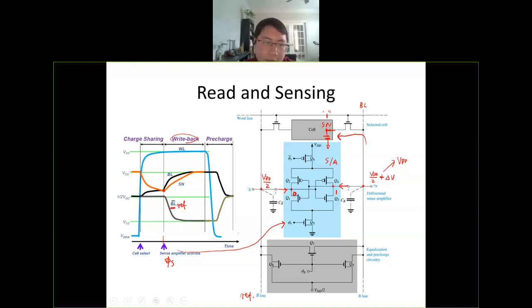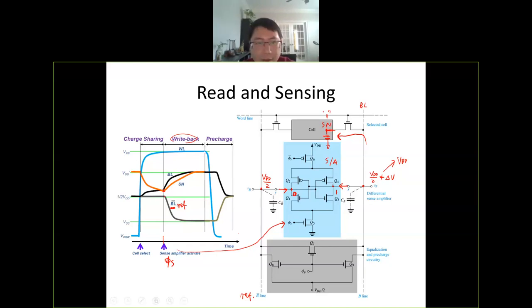You see here in this waveform, in the write-back process, first the BL flips up to VDD, and the SN, which is the orange line, will follow because it's also charged up to VDD. And eventually, both of them will reach VDD. So the write-back process is complete.